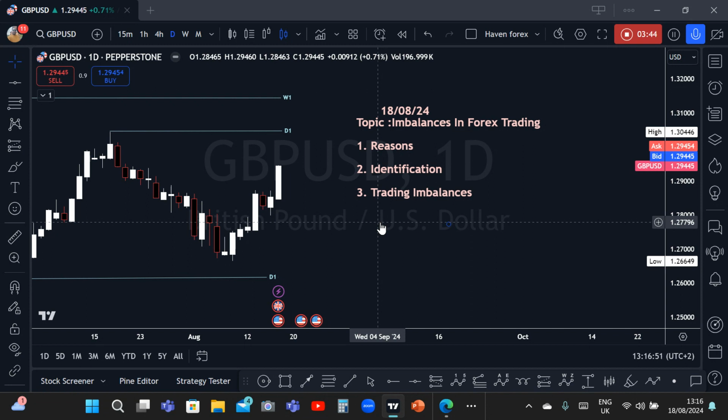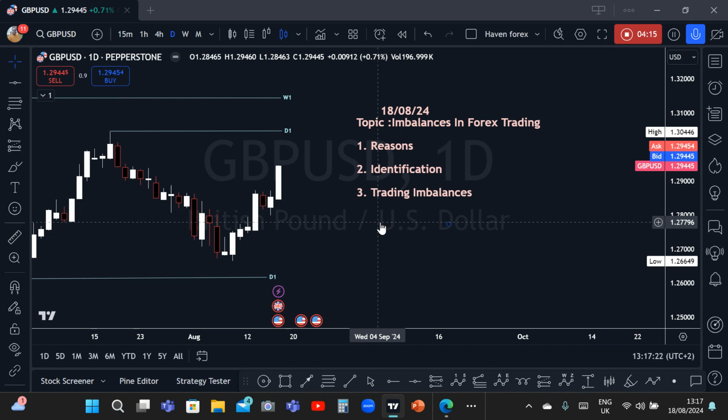All right, that is when you see imbalance happen. When there is a significant disparity between buy and sell orders, that will lead to rapid price movement. So anytime you see a rapid price movement, just know that it creates an imbalance.